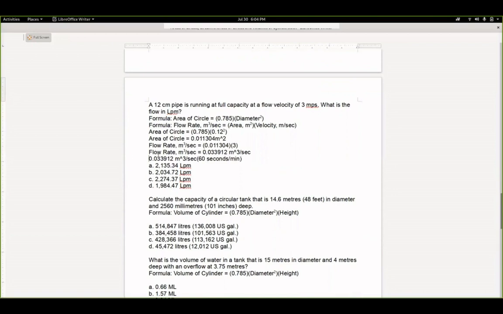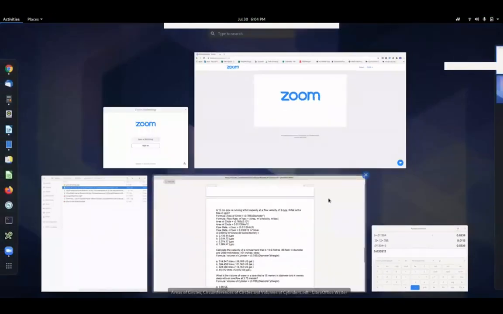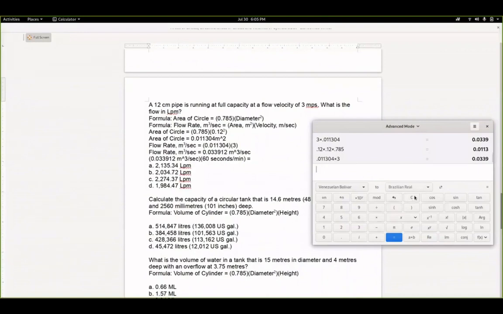We're going to multiply that together, and that will give us the meters cubed per minute. So we have 0.033912 times 60, which gives us 2.03472. So I'm just going to put 2.0347.